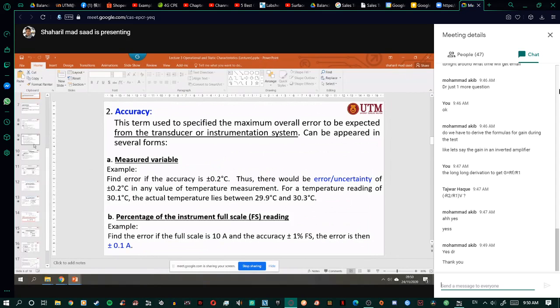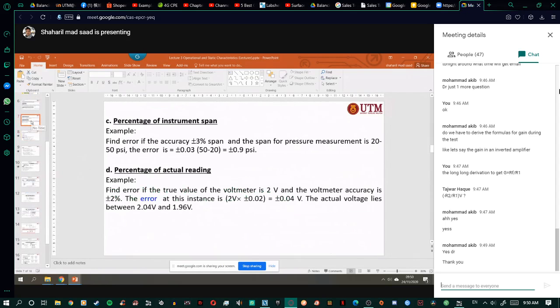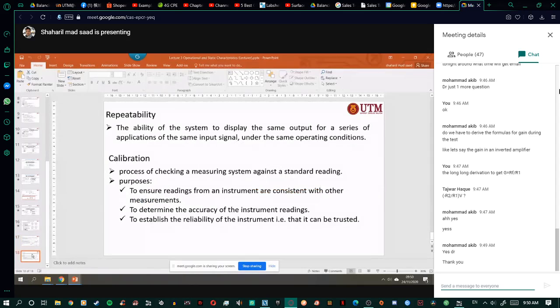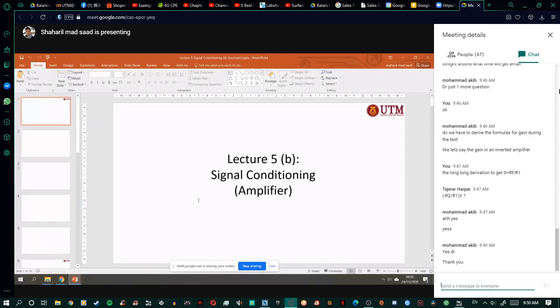If you are given some instruments, how do you find their accuracy, and what is the importance of accuracy? Most of the questions are about logical thinking. Repeatability, calibration, and so on, and the questions up to comparator and signal conditioning. Anything else?